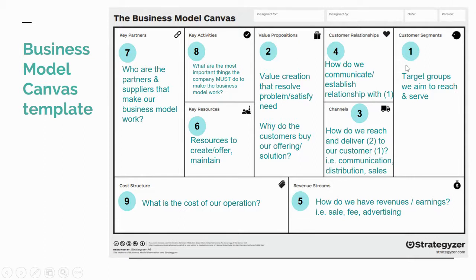So number one, the first one, is very simple. Who are your customers that you want to target? So let's go into 2 now. As you can see, there's a lot of room to write here, and there are reasons why you need more room here, because it's very important, obviously. When we talk about value propositions, we are looking at how you are able to solve the needs of the people from your customer segment.